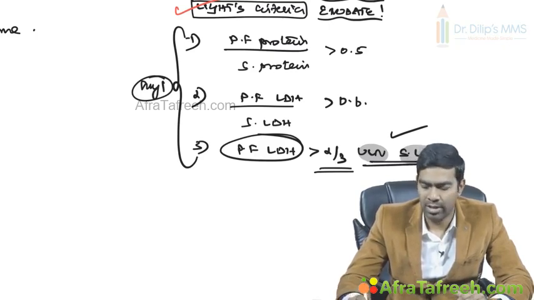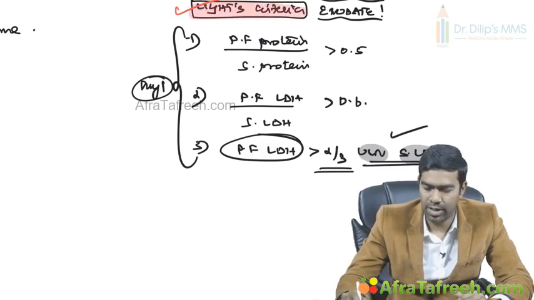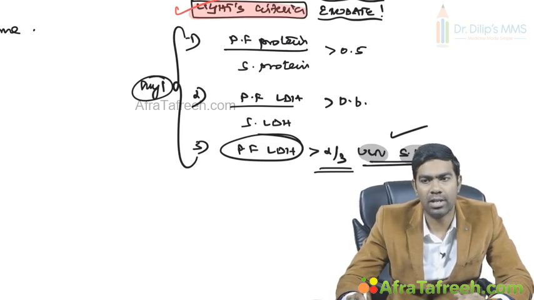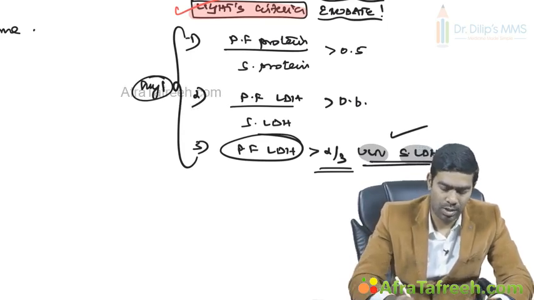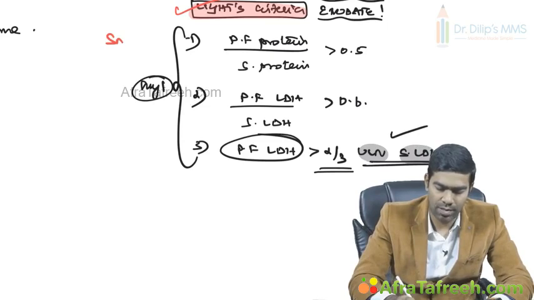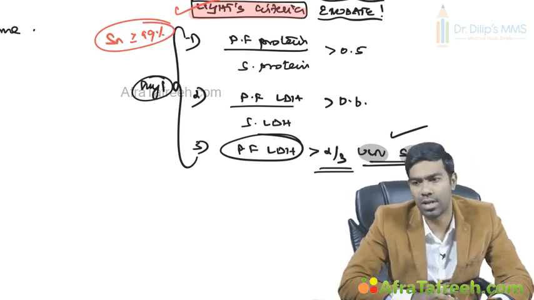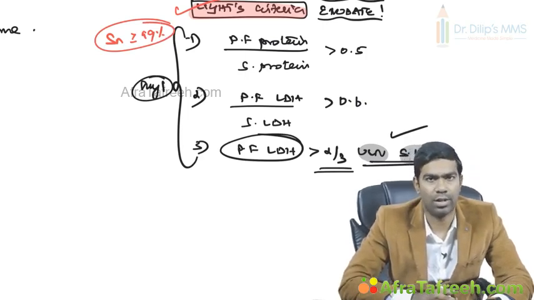The good thing about Light's criteria is that it's not going to miss any exudative effusion. Clear? The sensitivity is very, very high, more than or equal to 99%, which means it's never going to miss even a single exudate.